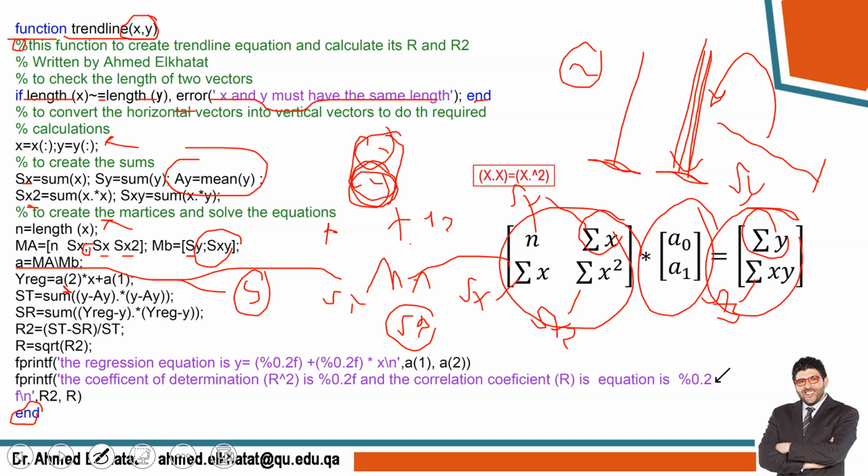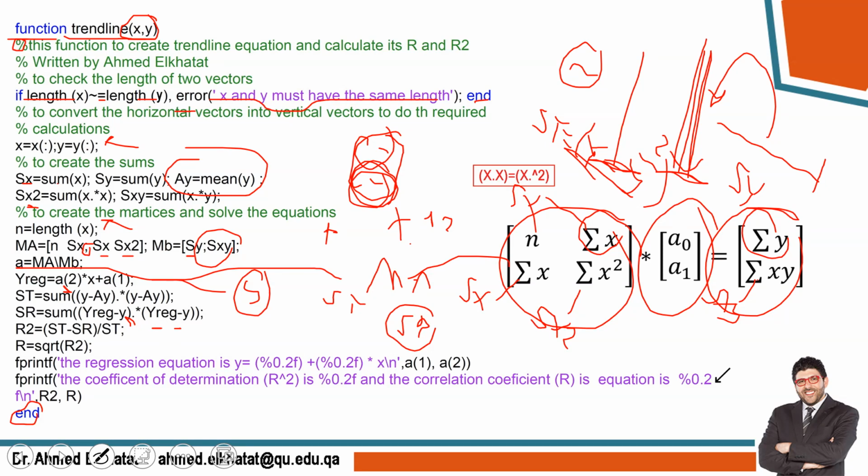Because, if you remember, ST is the sum of y minus y average, overall squared. So in order to make this squared, I can use y minus average y dot times y minus average y. Similarly, SR is the sum of (y regression minus y) dot times (y regression minus y).